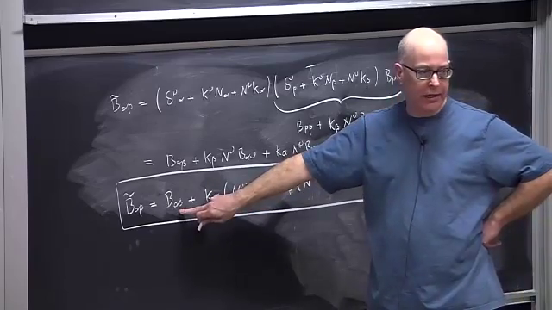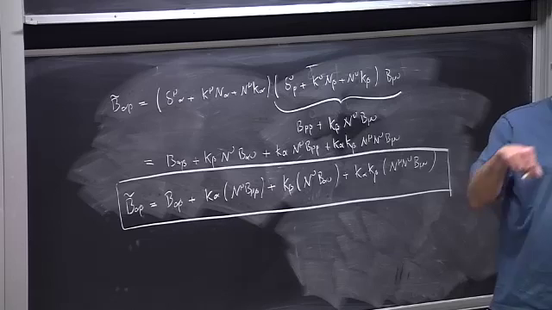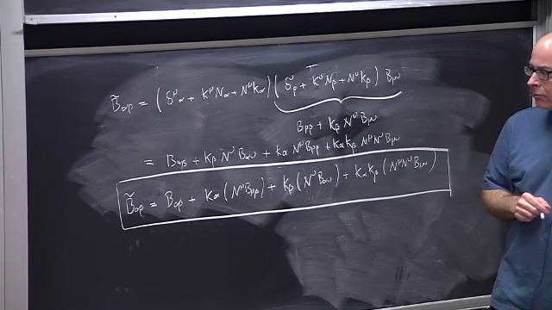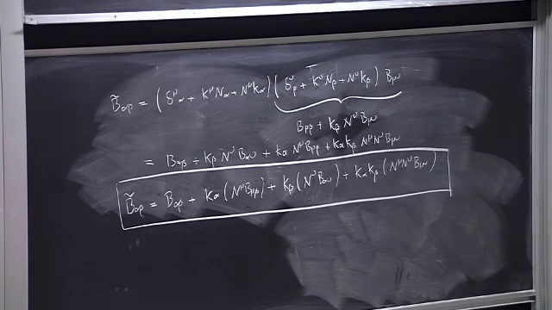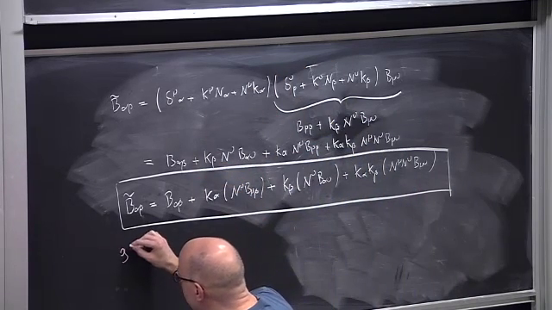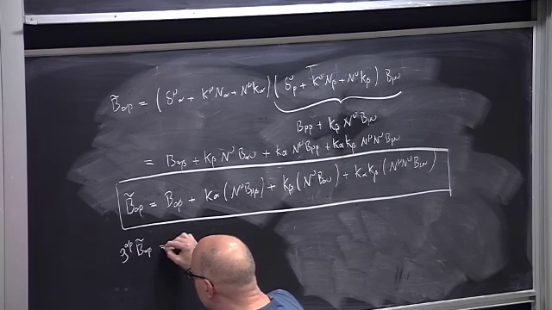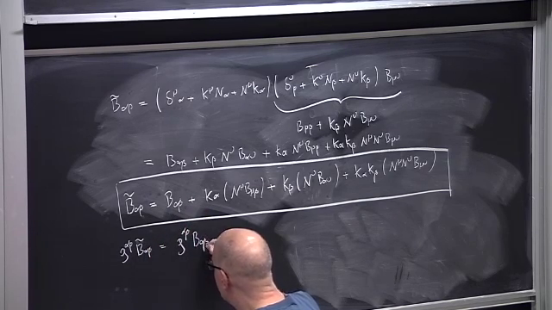Okay, why did I need this? Well, now I want to go back and take the trace and see what we get when we take the trace. When we multiply on the left by the inverse metric, from here, we get the trace of the original b. When we raise the index here, we end up multiplying k by b, and that's 0.